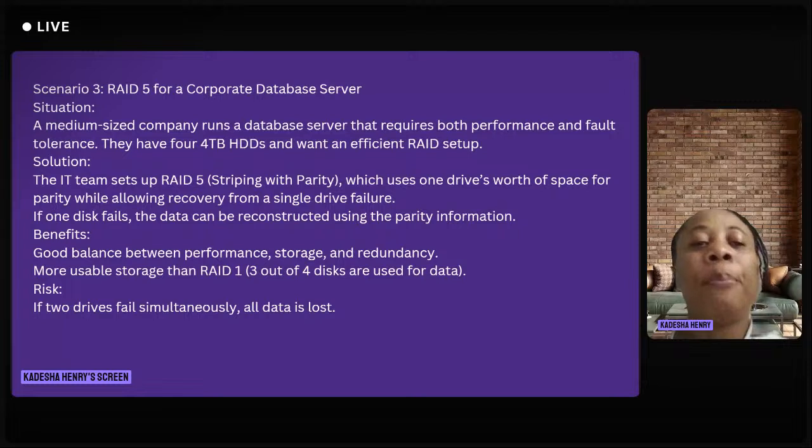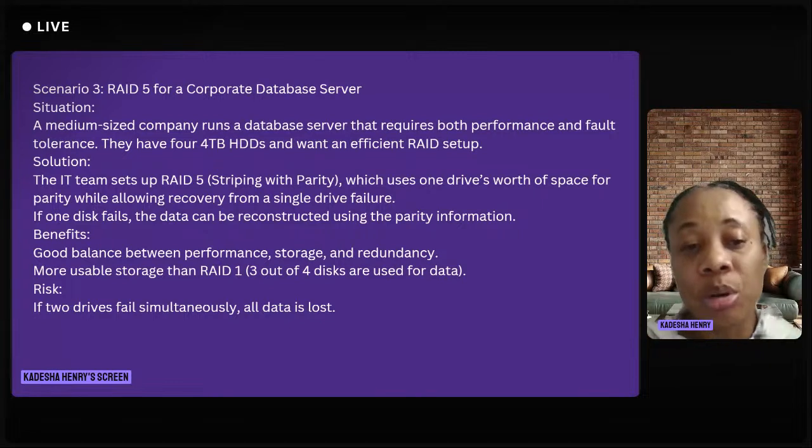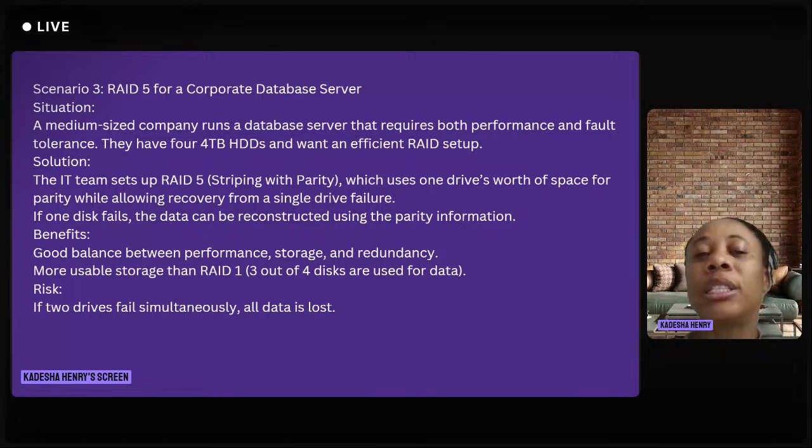Let's look at RAID 5 for a corporate database server, right? A medium-sized company runs a database server that requires both performance and fault tolerance. Fault tolerance means if anything happens, the business is going to continue, not be put in downtime or in limbo, right? So they have 4 TB HDDs, okay, and want an efficient RAID setup.